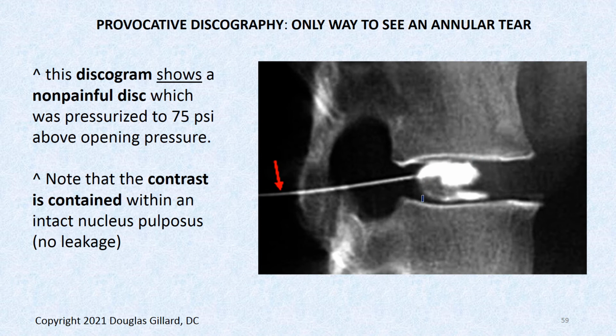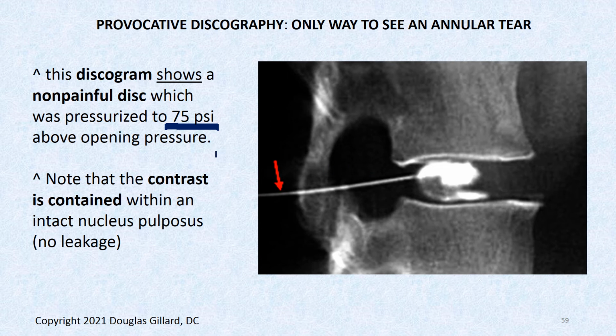But if you're thinking about fusion and you want to prove that the disc is the source of pain, you can have the pain management doc stick a needle in there. It's a procedure that takes years and years to develop. It has to be a great doc to get it right. They pump contrast inside the nucleus, and it highlights the nucleus, and you can see it. You should never pressurize more than 75 psi above opening pressure.